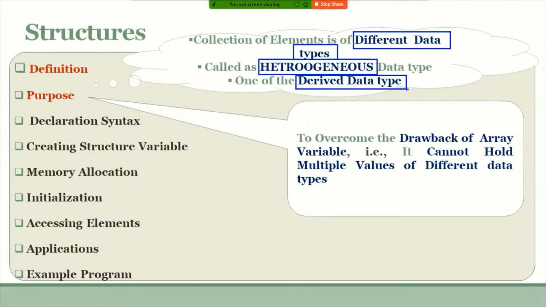Without using character, integer, float, is it possible to discuss about structures? Not possible. That's why the structures are derived from primary or basic or fundamental data types. That's why structure is also called a derived data type. Not only derived, it is also called heterogeneous because of different or dissimilar terminology.